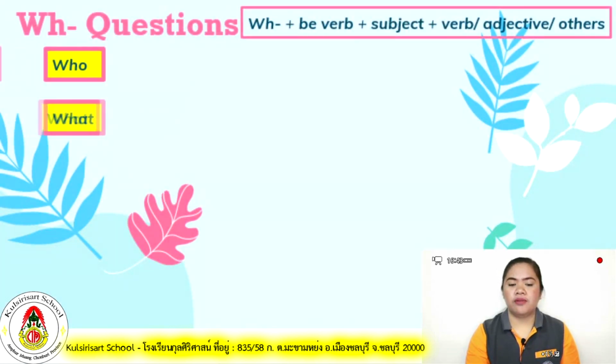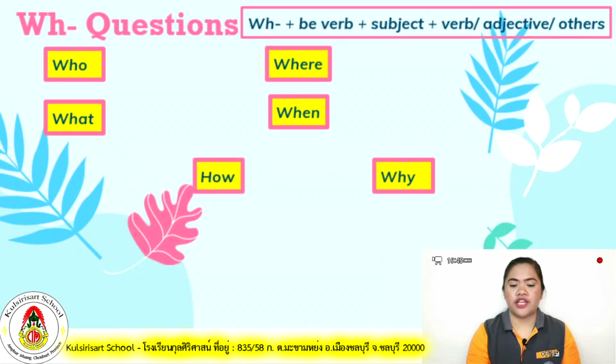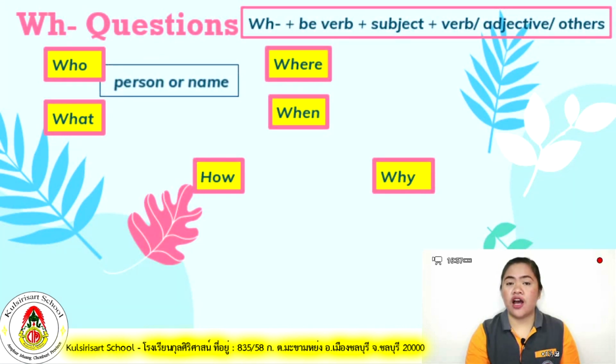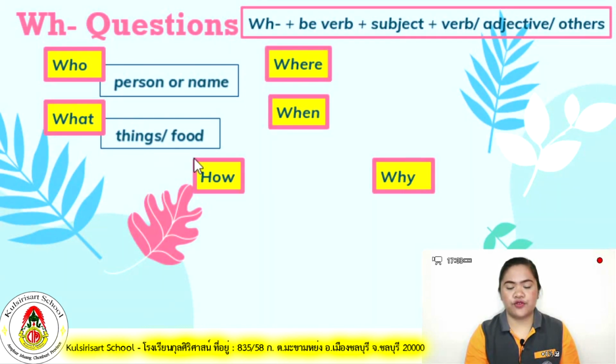Next, how about WH questions? What are the WH words? Who, what, where, when, how, and why. When we talk about who, we ask about a person or name. What? We talk about things, food, or any other things that don't move. And then where?